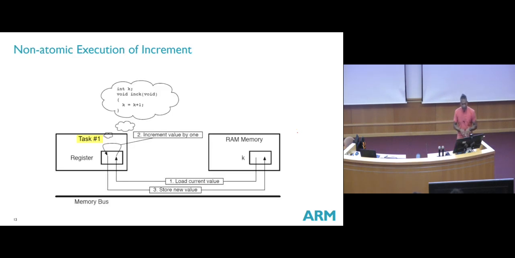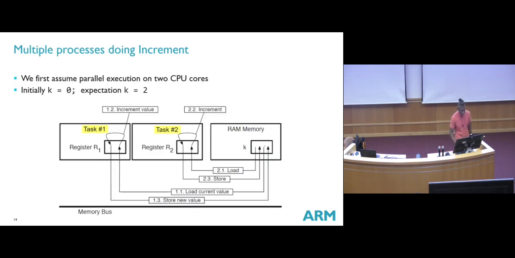If it's a very simple system with no multi-threading, then there is no issue. A single task takes a value of k, which is 0, increments it to 1, and writes back, so it becomes 1. So in a simple single-threaded system, there is no issue.